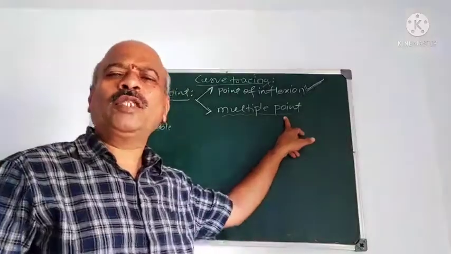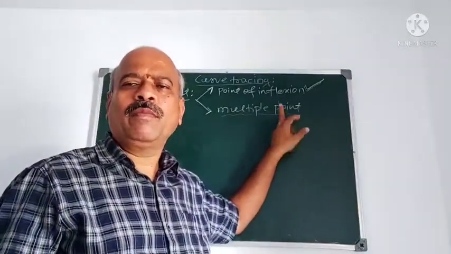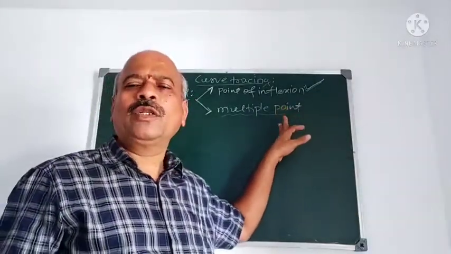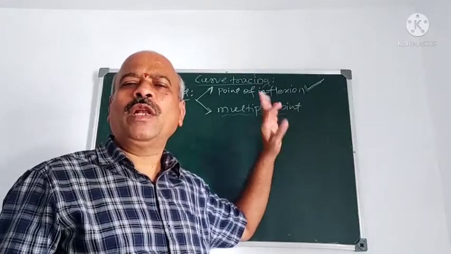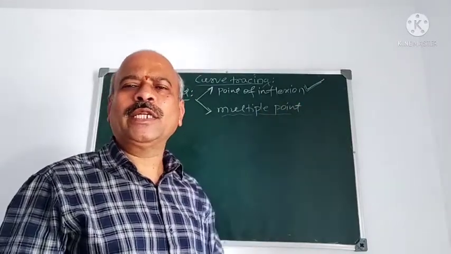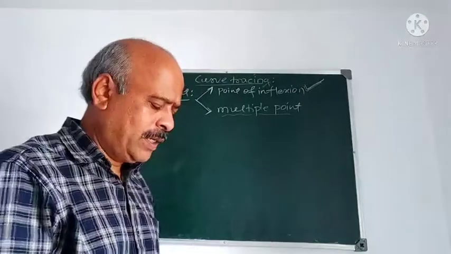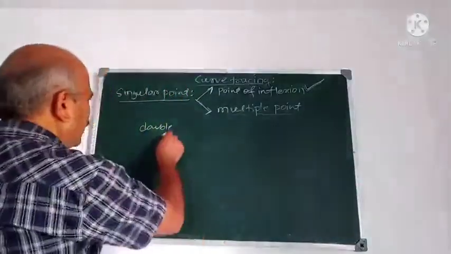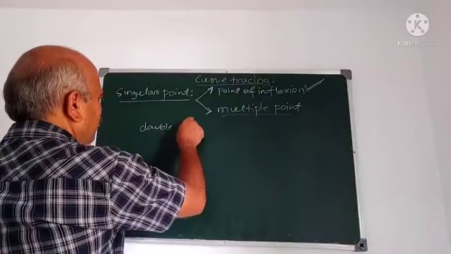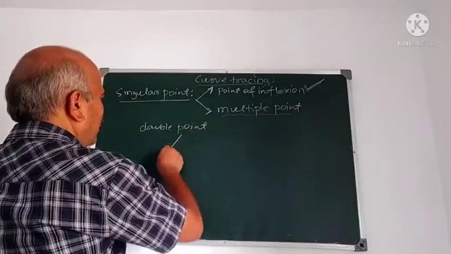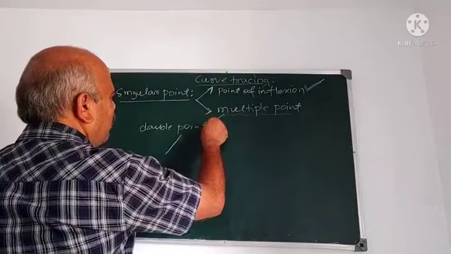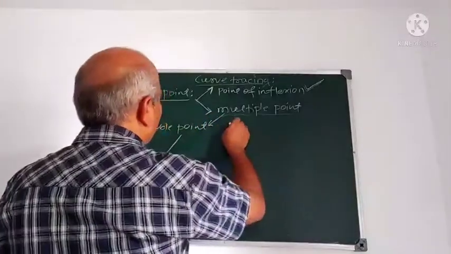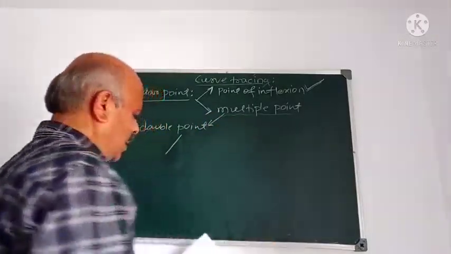Multiple point means a point on the curve where more than one branches of the curve passes. That is called multiple point. And in multiple points, mainly we have three types. Double point or a point of order r are the multiple points.